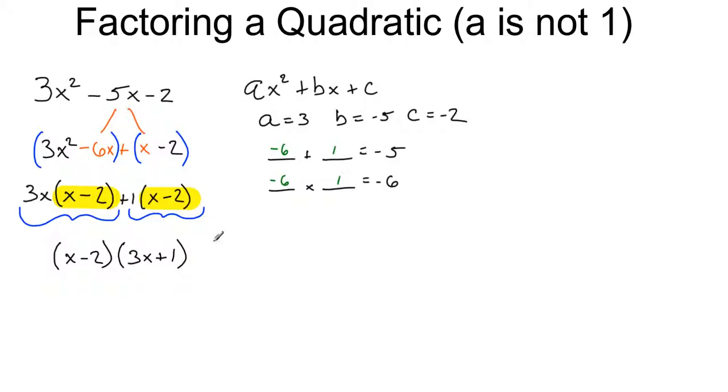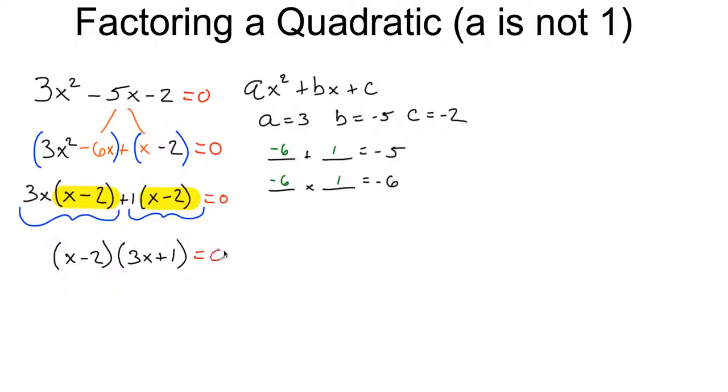All right, so there I am. I've factored 3x squared minus 5x minus 2. And if it equaled 0, so let's pretend at the beginning this had equaled 0, that means all of these steps all the way through would have equaled 0.